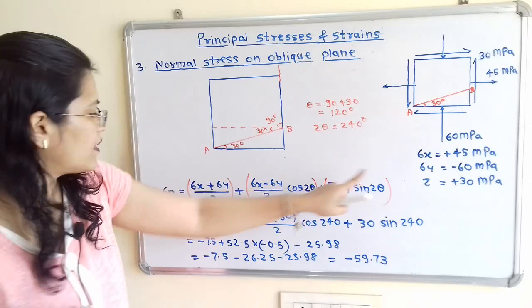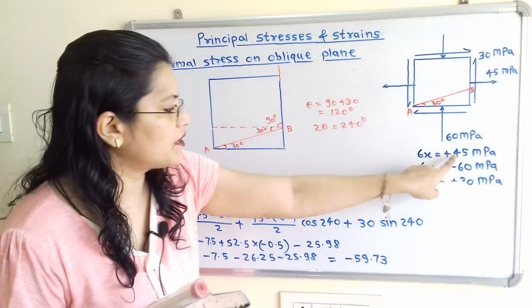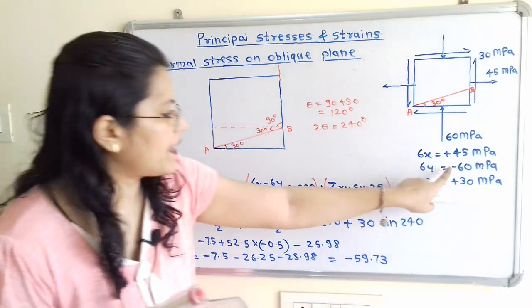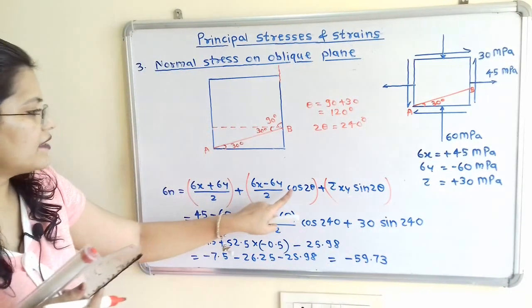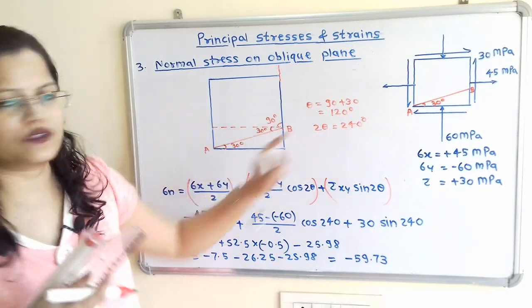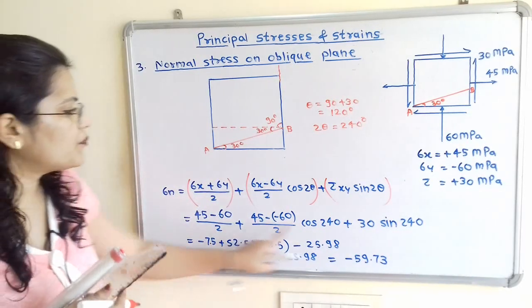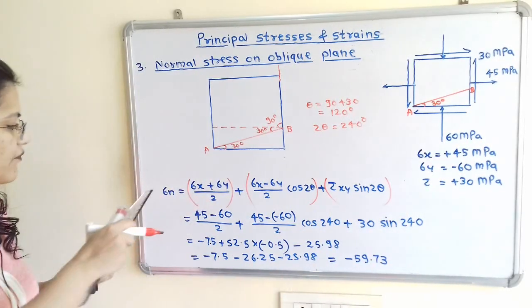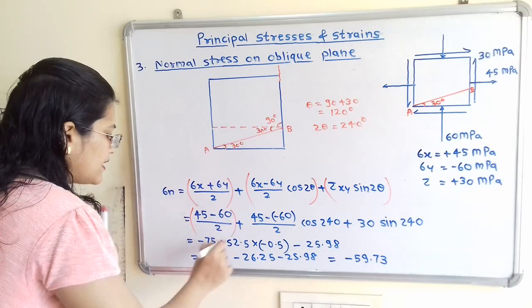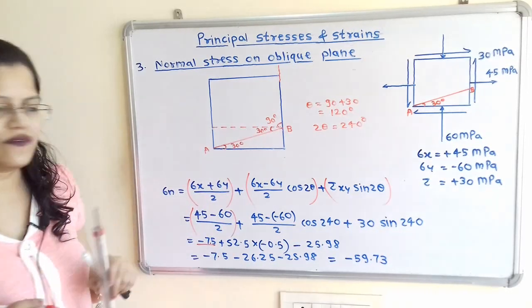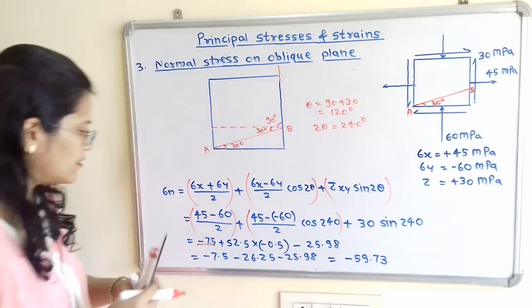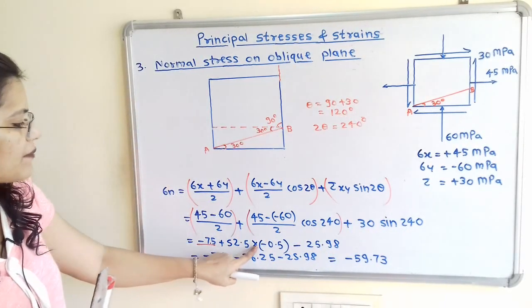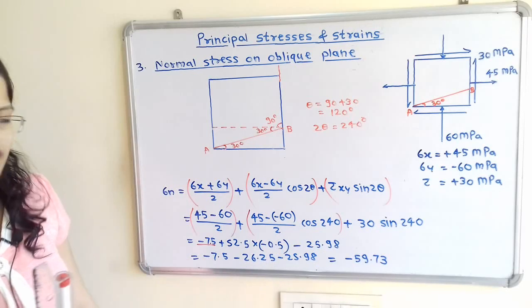From the given data, sigma x is plus 45, sigma y is minus 60, tau xy is plus 30 and 2 theta is 240 degrees. When we put the values, for the first term we get minus 7.5. For the second term we get 52.5 multiplied by minus 0.5.